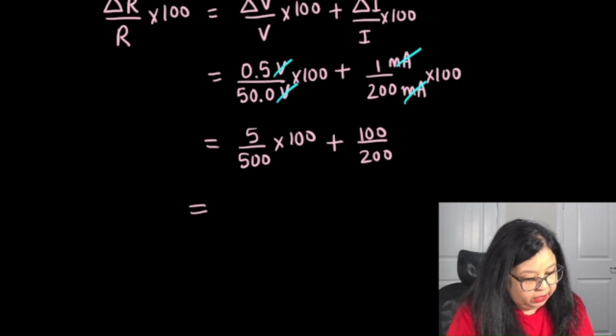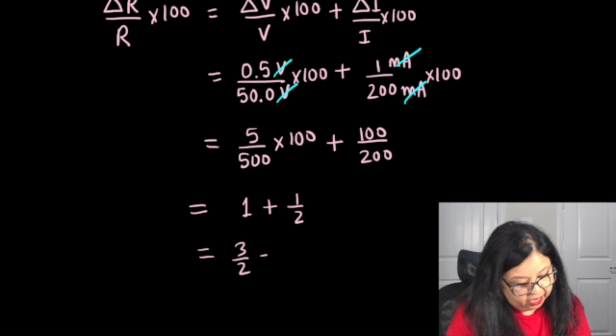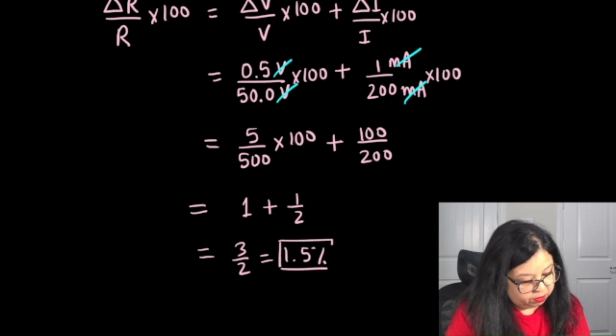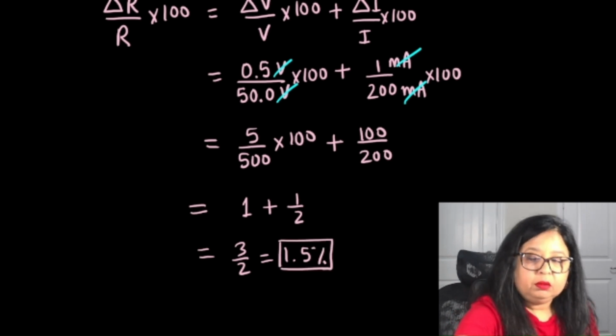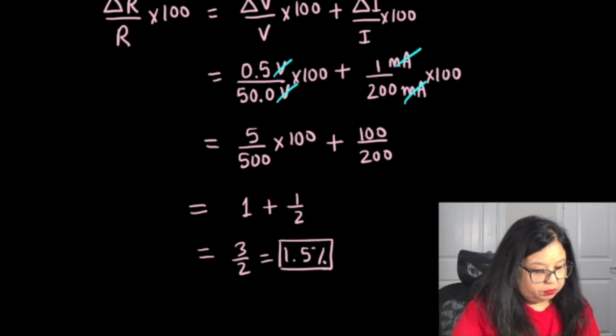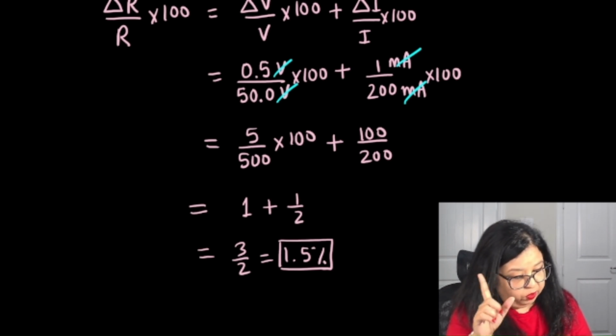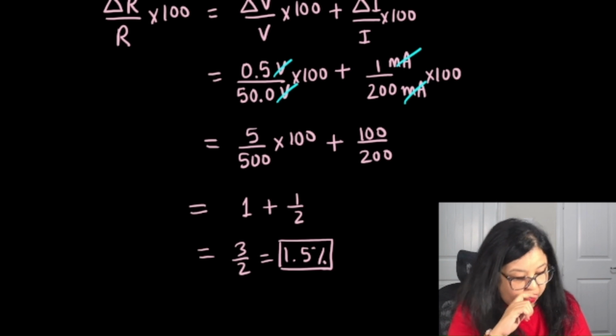Okay, that gives us 1 plus 1 half, which is equal to 3 halves or 1.5% error. Okay, so this was the percentage error in R.